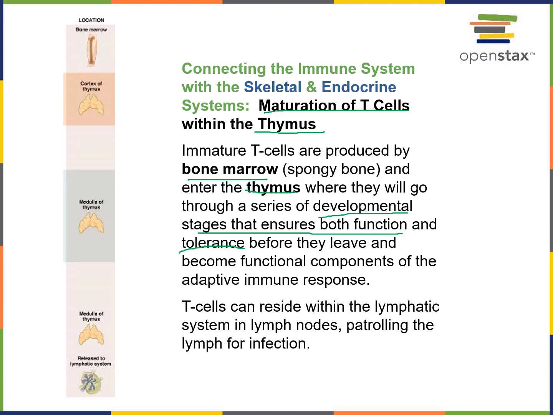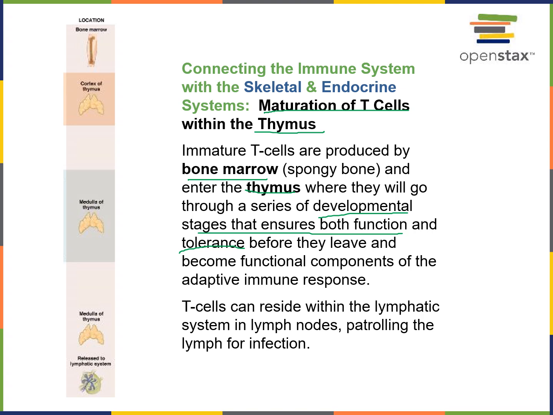So what has happened is both T cells and B cells must learn to be tolerant of what we call self-antigens. Self-antigens are all those molecules on the surface of our cells that belong to us. Because again, all antigens are proteins, and all proteins are dictated by what's in our DNA.